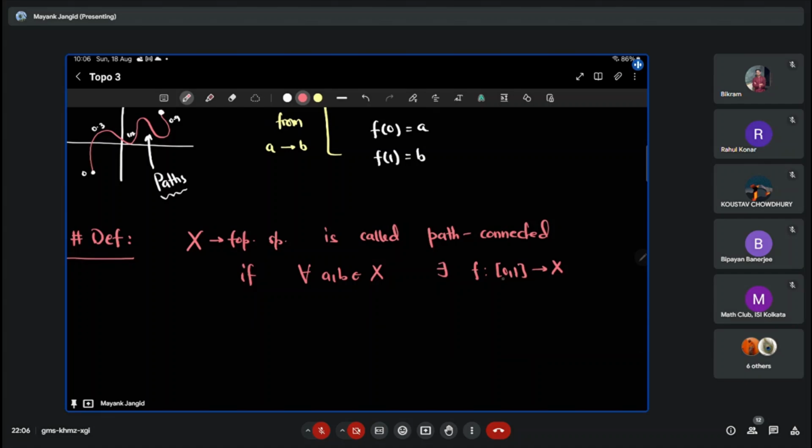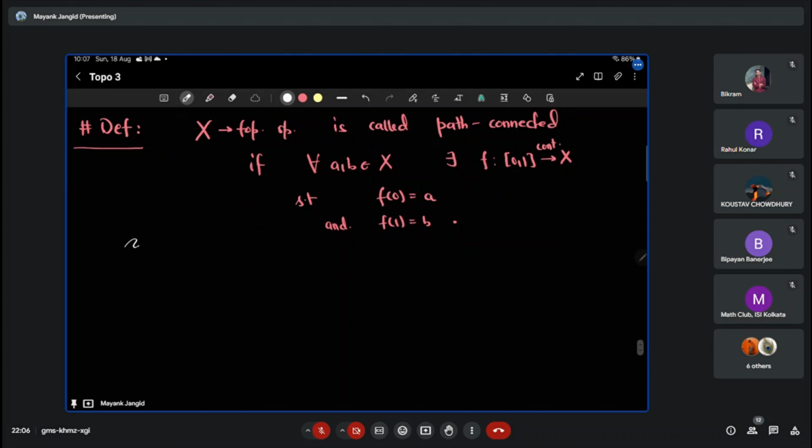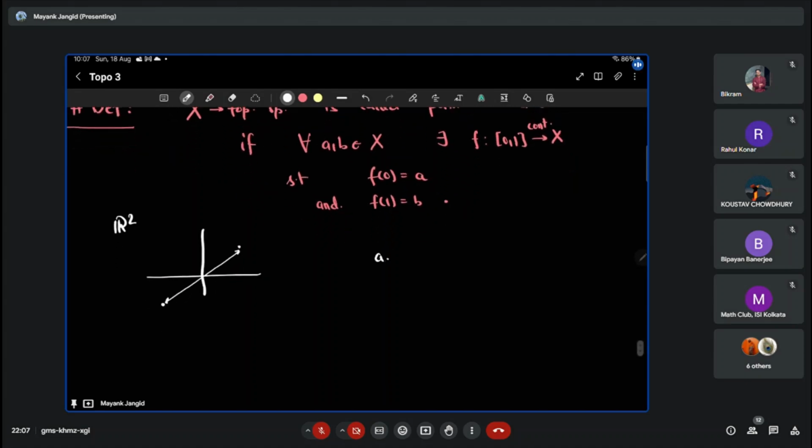That is, there exists a continuous map f from [0,1] to X such that f(0) is a and f(1) is b. R2, for example, is a path connected space because I can join any 2 points with a straight line. By that I mean, if a, b belong to R2, then consider this map f from [0,1] to R2.